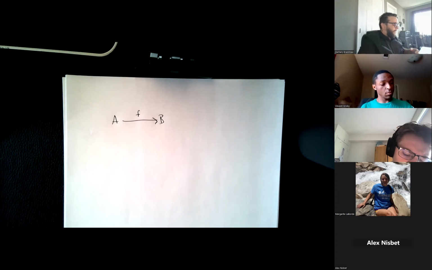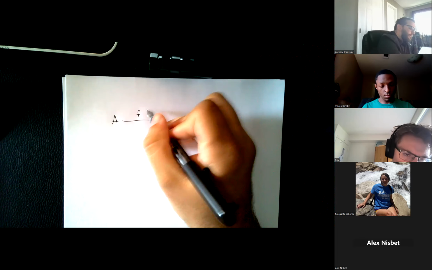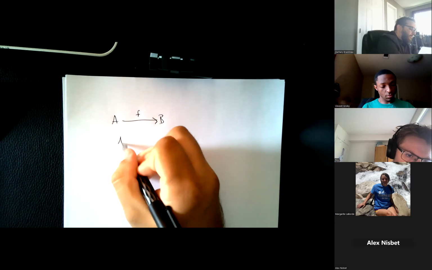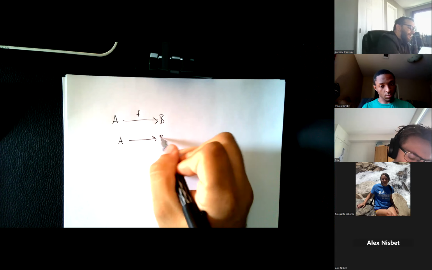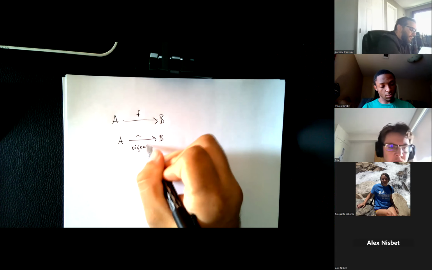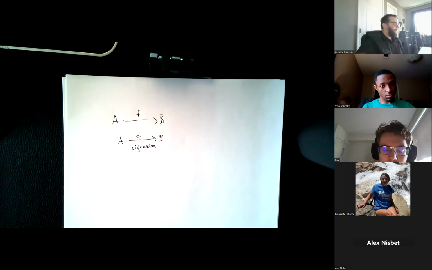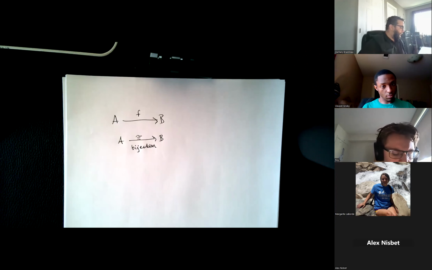Okay, so if I want to preserve the structure in such a way that they're equivalent, then what I use is a bijection. So the equivalence between two sets is captured by a bijection. Strictly speaking, a map preserves set structures.